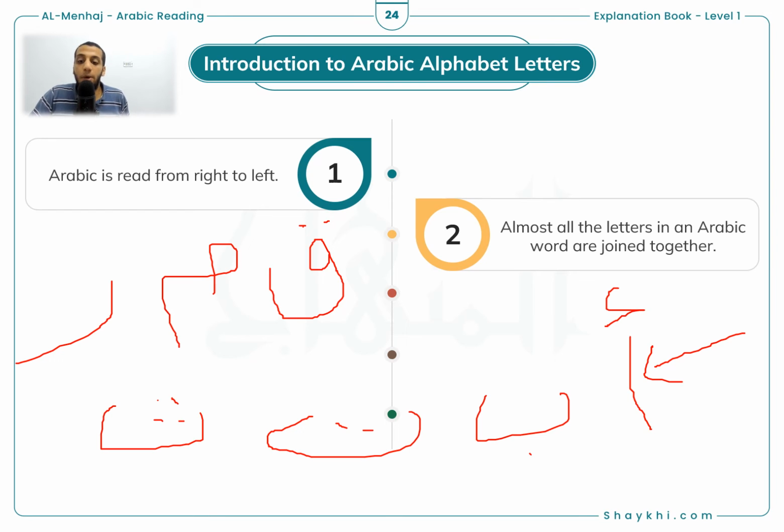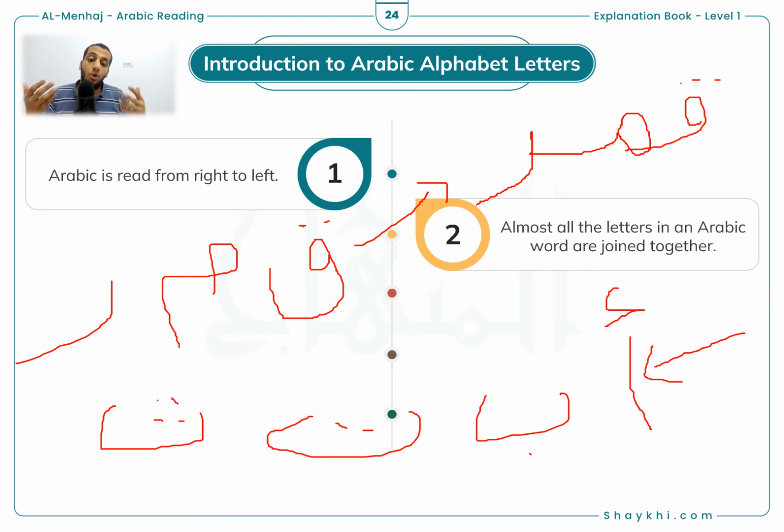We will not write the word qamar using the isolated forms. So what we will do is join these letters together. We write qaf in the initial form, mim in the middle form, and ra in the final form.